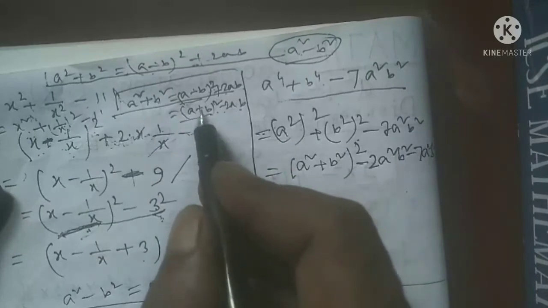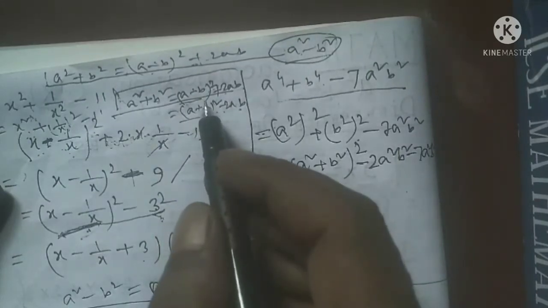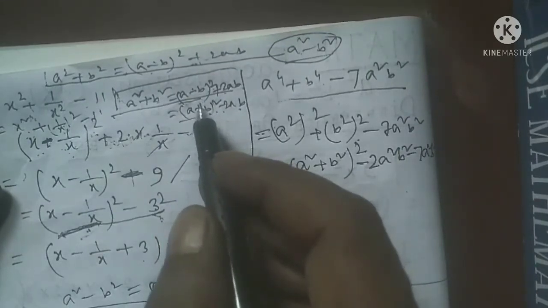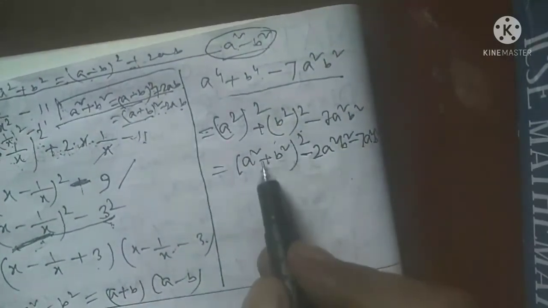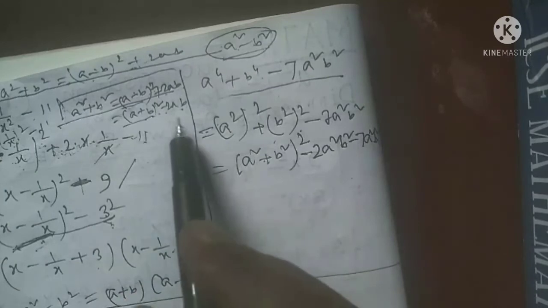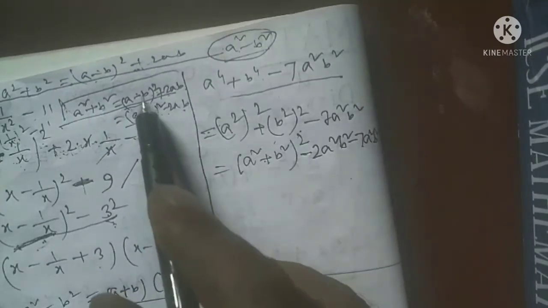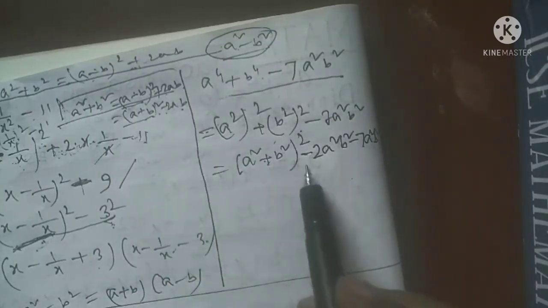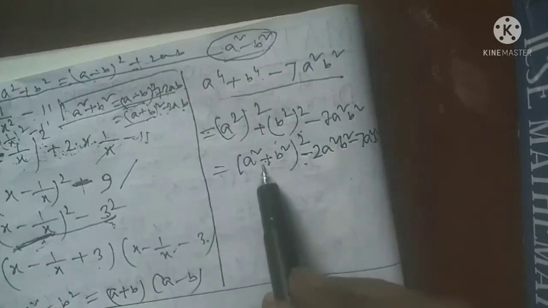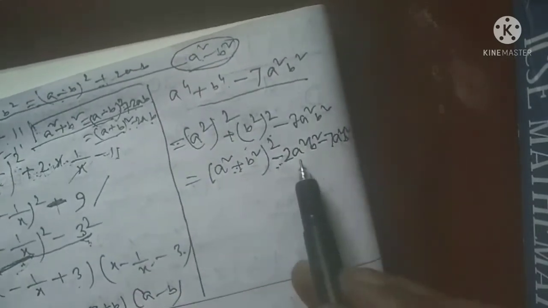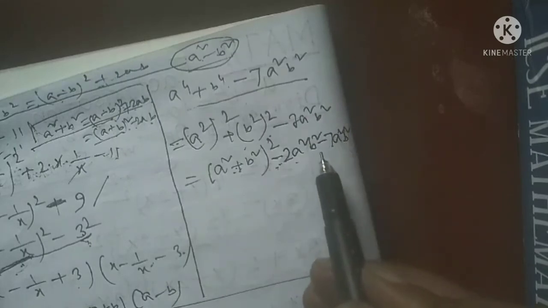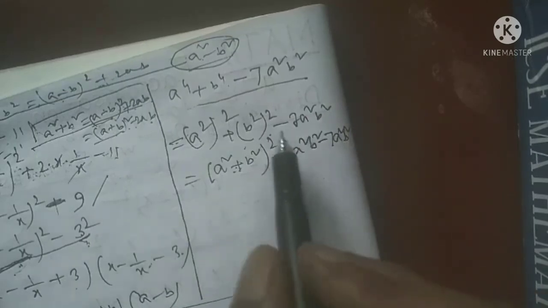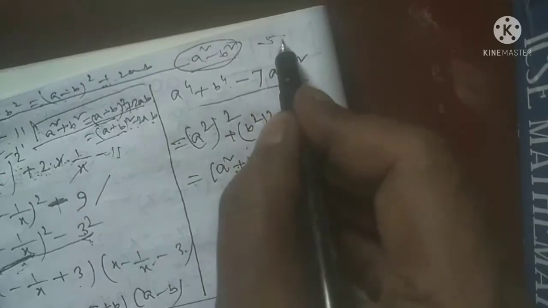Both formulas are correct, but in which situation you have to apply which formula, you have to remember. If you write plus here, that time it will be minus. If you write minus, here will be plus. So plus 2a square b square and minus 7 square b square, that means if you subtract, then minus 5 square b square.